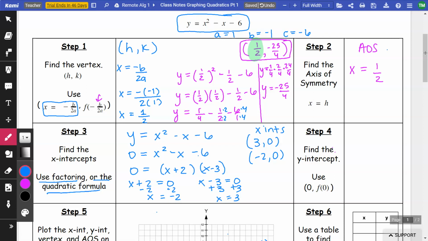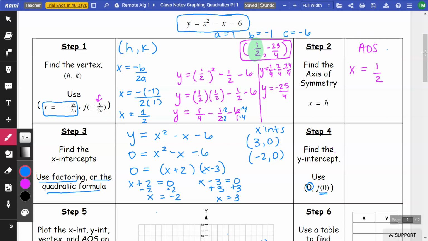All right, step 4. So step 4 is a little new. When we find the y-intercept of this parabola, anytime we have a y-intercept, we know the x value will always be 0. So if the x value is 0, we can just use f of 0 to find that y value.